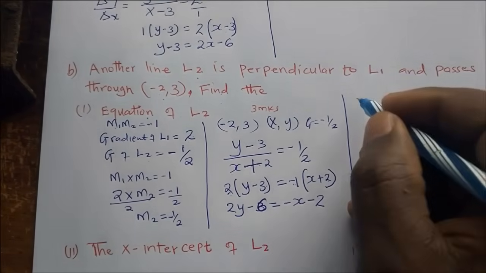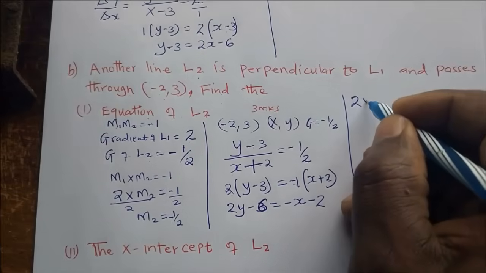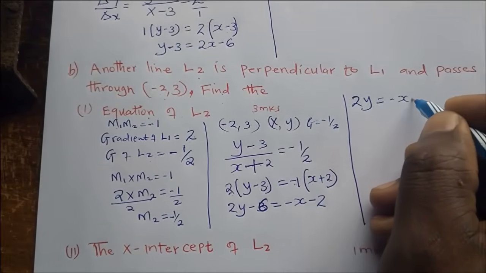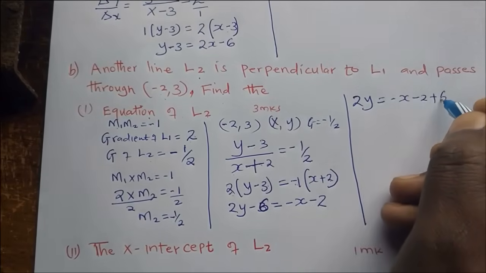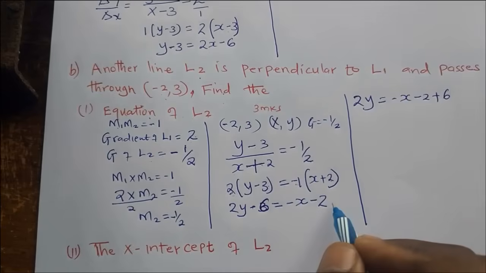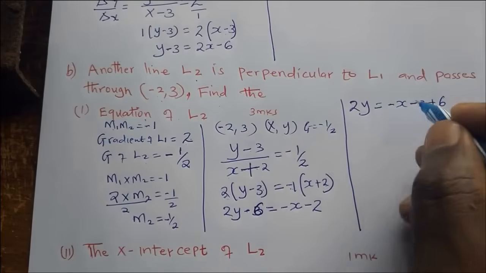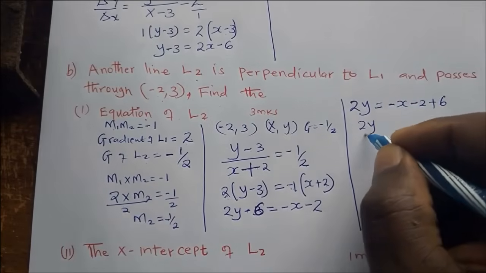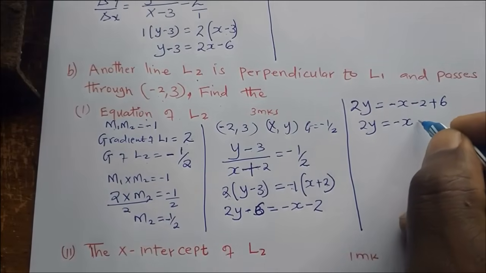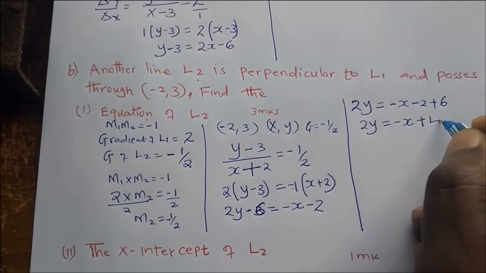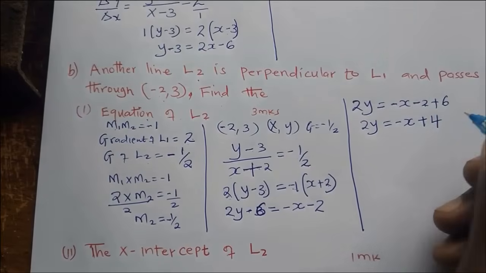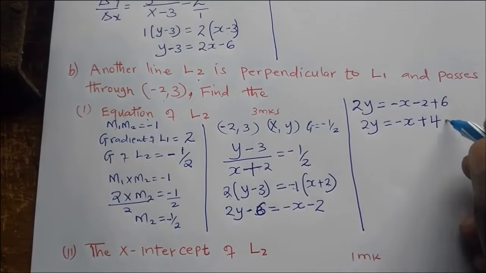So let's put this one to the other side. 2y is equal to minus x minus 2 plus 6. Because this one is negative, on this side it will be positive. So 2y is equal to minus x plus 4. Because negative 2 plus 6, the answer is positive 4. So this one is an equation.